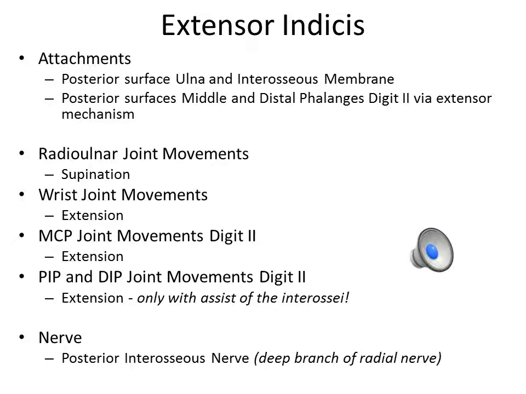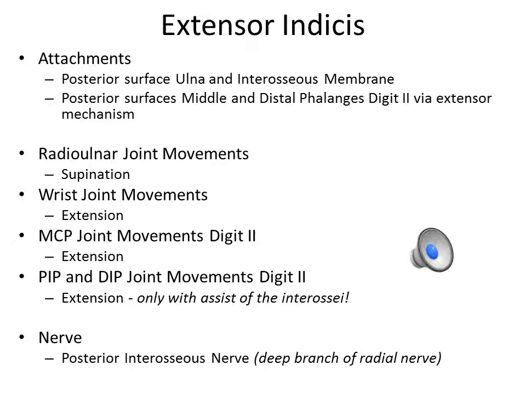The muscle belly of extensor indicis lies deep to the extensor digitorum and medial to the extensor pollicis longus. Its tendon courses through compartment 4 to attach at the middle and distal phalanges of digit 2.